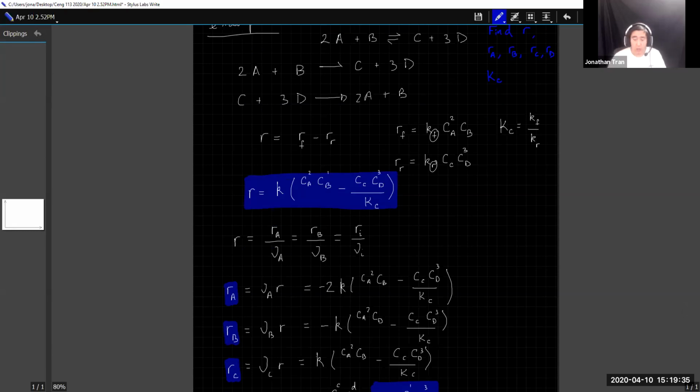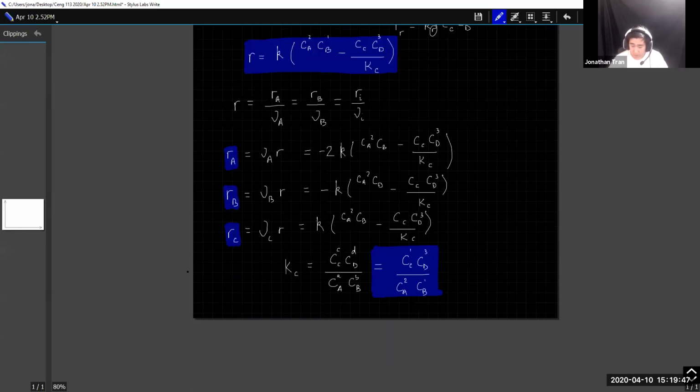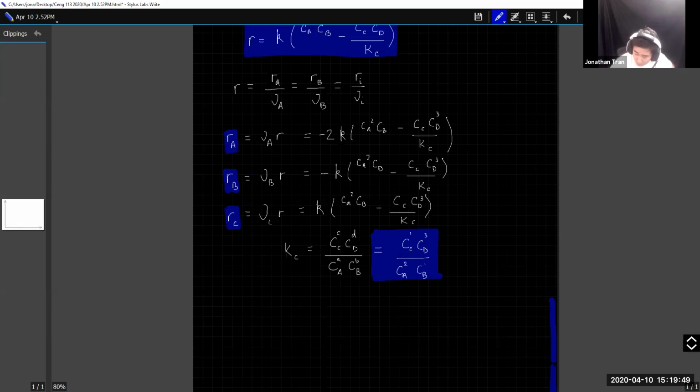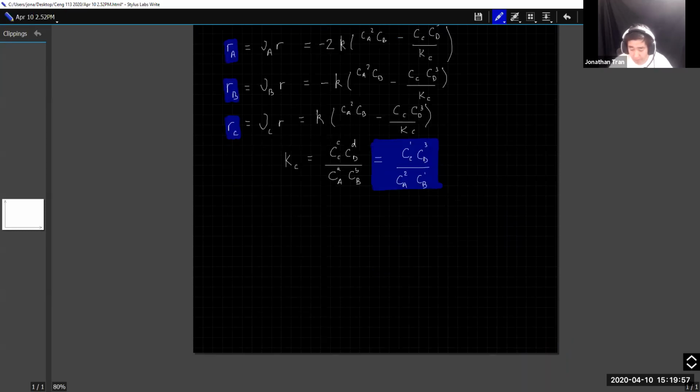So as I previously mentioned, there is a relationship between Ka and Kc, and that relationship is going to be dependent on the state of matter our system is in.